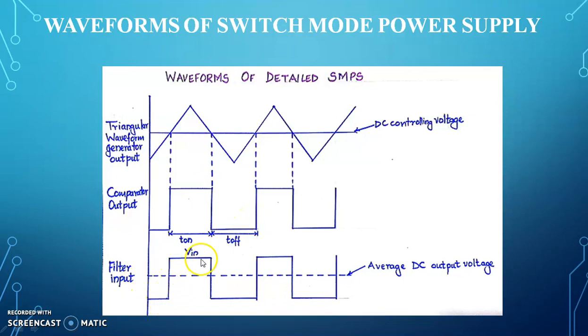So we have the rectangular waveform, that is the filter input, and the filter removes the ripples and we get a regulated average DC voltage. So this is the output of the filter, the regulated DC voltage. So depending on the T-on and T-off period, we will get the average DC output voltage.